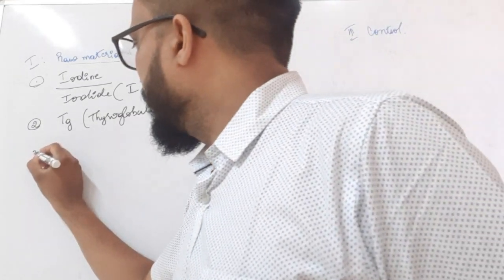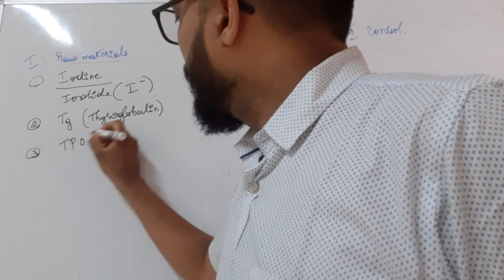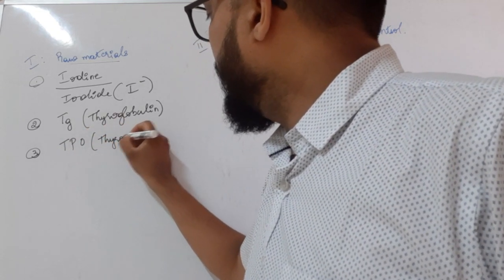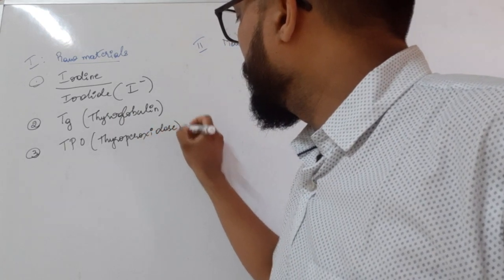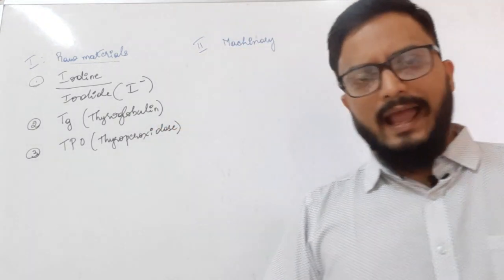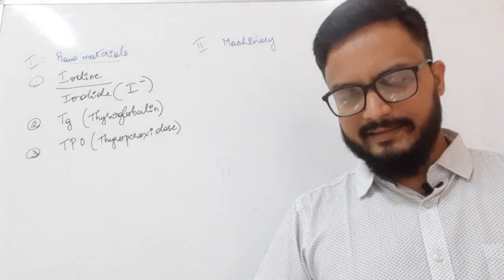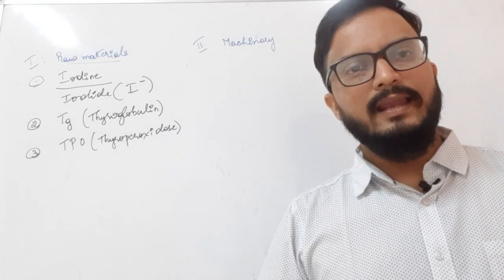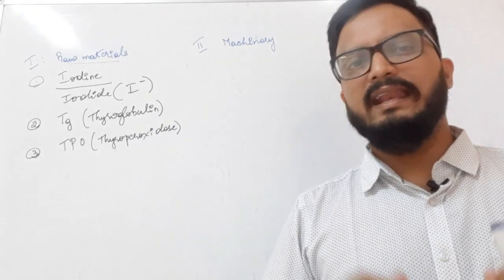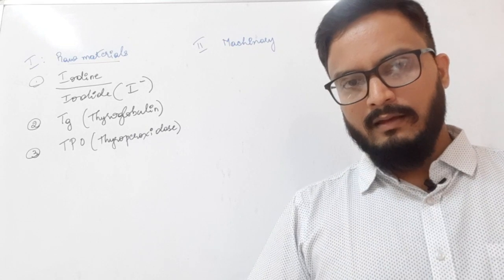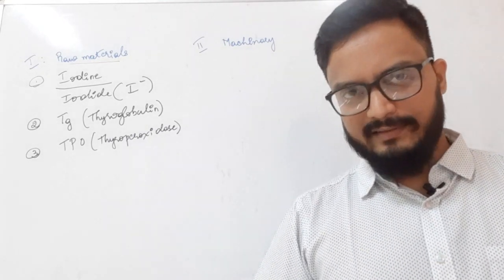Number 3 is thyroperoxidase. The thyroperoxidase is also formed by the thyroid follicular cells, and plays an important role in many steps of thyroid hormone production. It is found on the apical surface of the thyroid follicular cell.